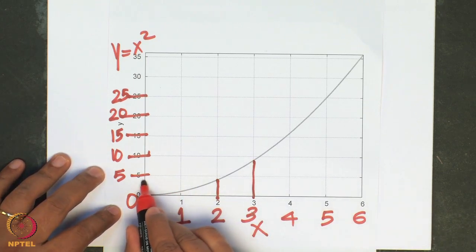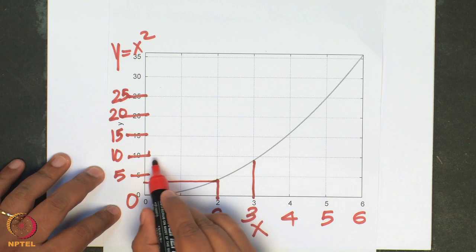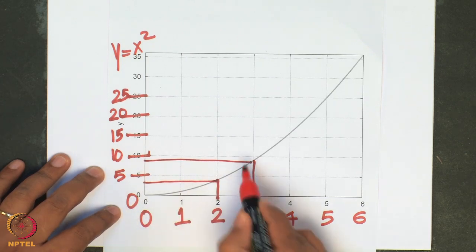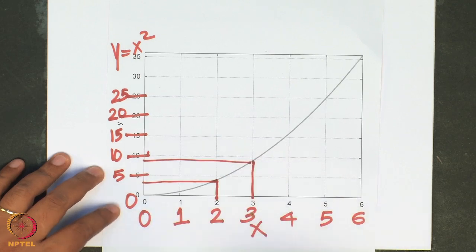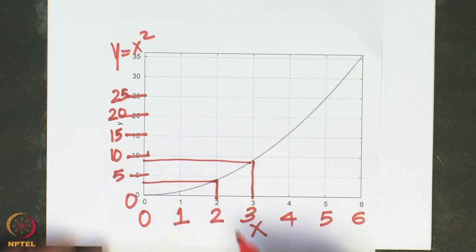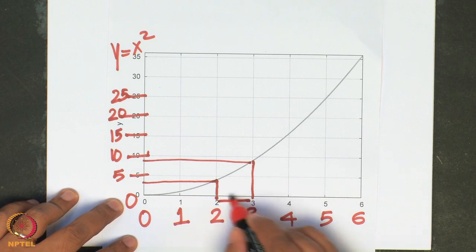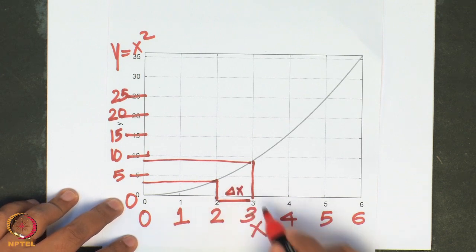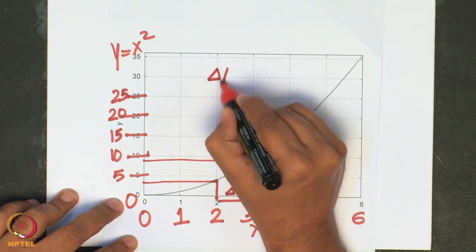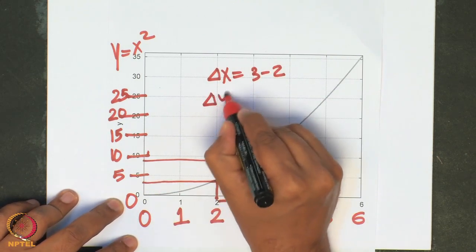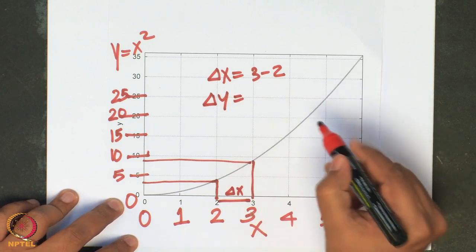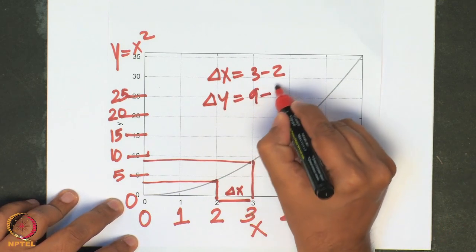So this is delta x, which is 3 minus 2, and delta y is 3 square minus 2 square, which is 9 minus 4.